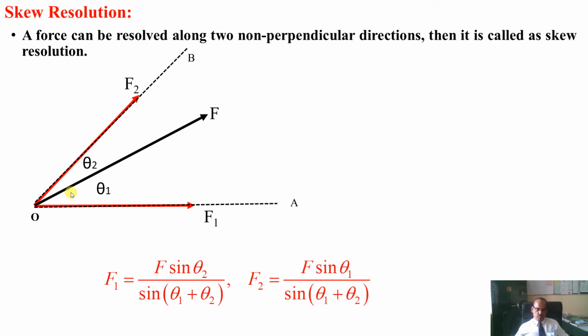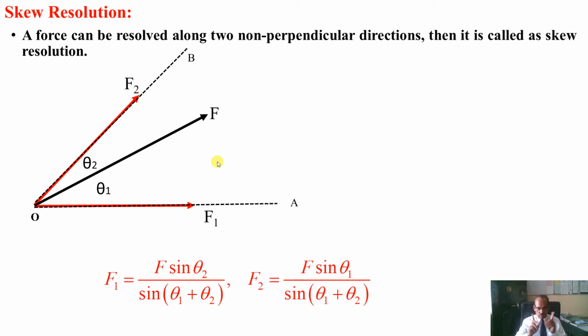The angle made by force F with line OA is theta 1, and the angle made by force F with line OB is theta 2, where theta 1 plus theta 2 is not 90 degrees. It may be less than 90 degrees, it may be more than 90 degrees.